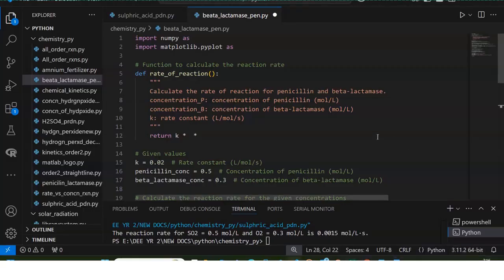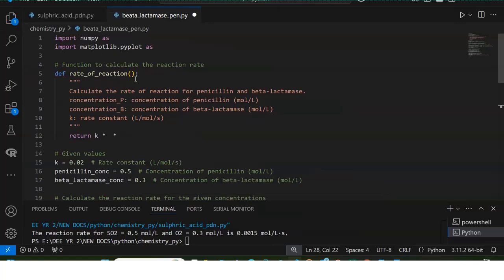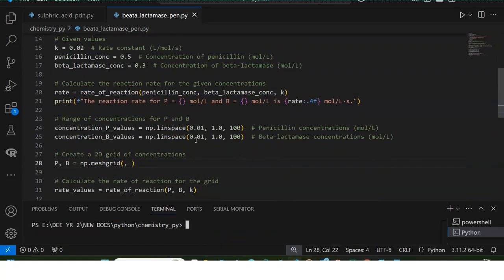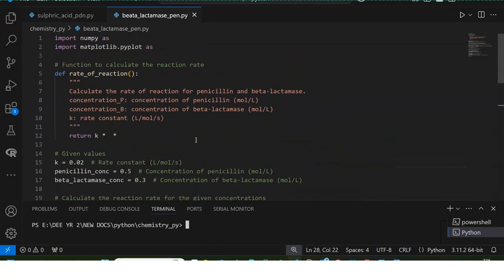So in Python, we have already created a template or a structure that we are going to be following. We are going to follow this structure to substitute in the values and actually modify the code to suit our purpose. We have done this to avoid wasting a lot of time.